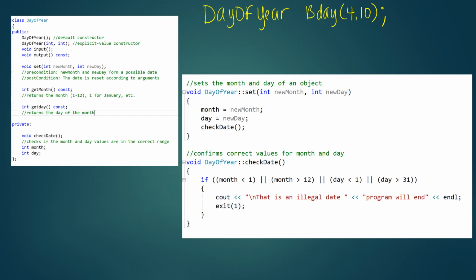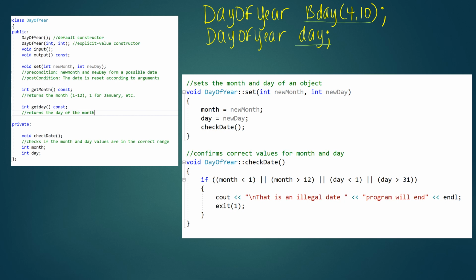But what if I said day of year day? The first one right here is going to call the explicit value constructor because I've passed it values. The second instance right here is not. This one's going to call the default constructor, and if you remember, the default constructor sets the day to 0, 0.